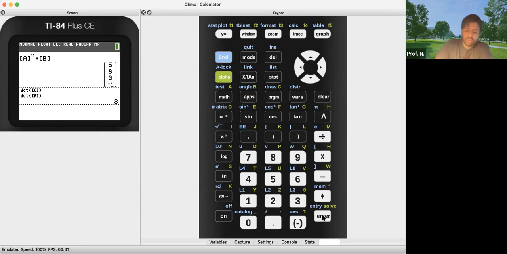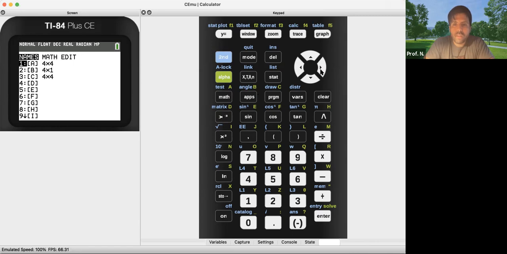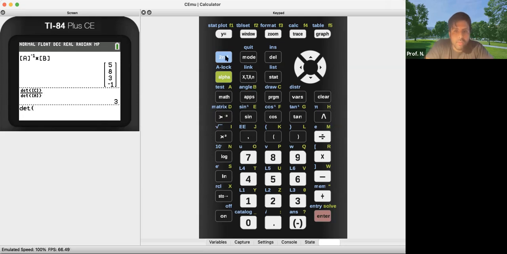You see that? Just to make sure, I'm going to specify what the actual values are. So I just want to see what they are. So second matrix, the determinant of C. Let me see what's going on.